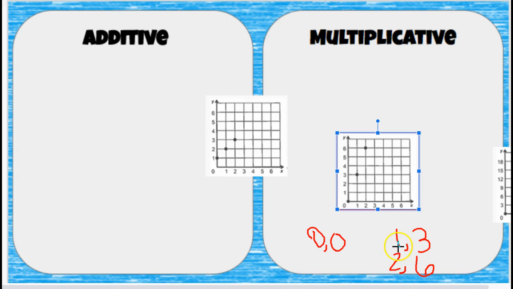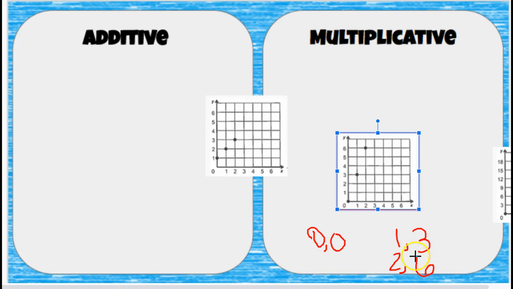So if I'm trying to find what my pattern is, so if I'm looking right here, 1 and 3, let's look at this. How do I get from 1 to 3? I could do plus 2. 1 plus 2 is 3. Let's see if that works for this one. 2 plus 2, well, that's not 6. So could I do 1 times 3 equals 3? 2 times 3 equals 6.